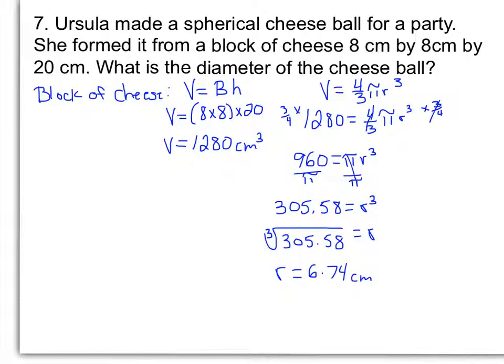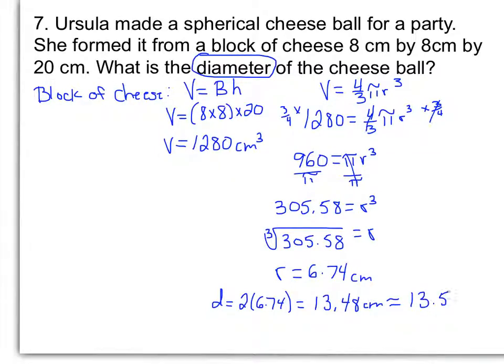And then the directions ask for the diameter, so we just need to double that. To find diameter, we'll take 2 times 6.74. So our diameter is about 13.48 centimeters, which we could round and say that's about 13.5 centimeters for that block of cheese.